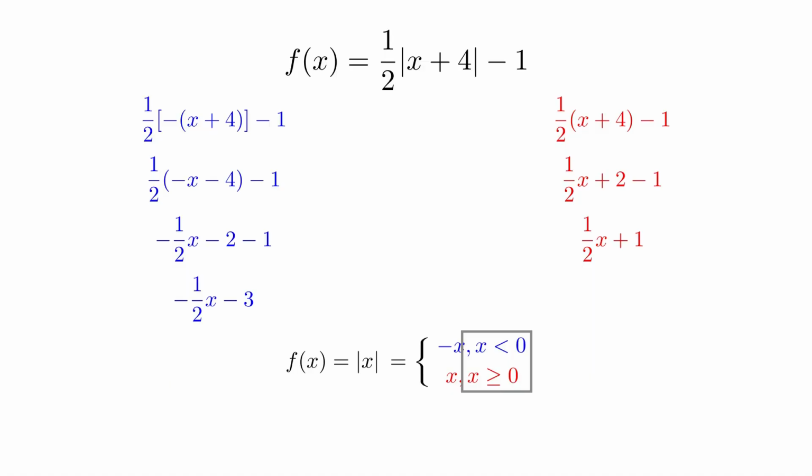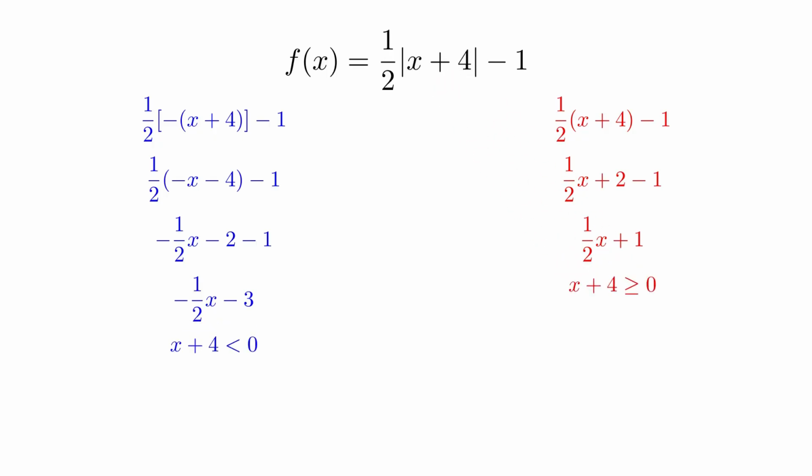We take the x plus 4 inside the absolute value, and for the negative version, we set it up as an inequality where x plus 4 is less than 0. And for the positive version, x plus 4 is greater than or equal to 0. Then we solve for x for both. For both of them, all we need to do is subtract 4 on both sides. And then for the negative version, we'll be left with x greater than negative 4.